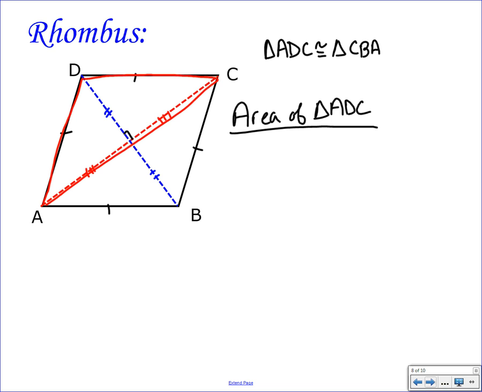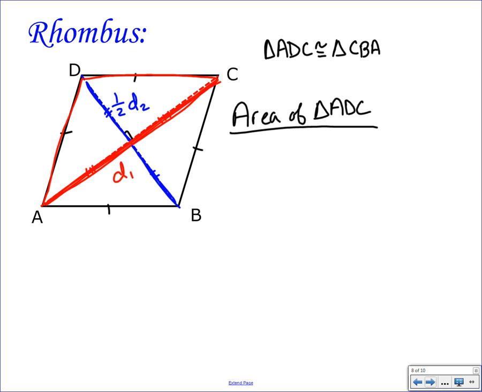Okay, so let's call this red diagonal, diagonal 1. Let's call the blue diagonal, diagonal 2. Since the diagonals of a parallelogram bisect each other, this is 1/2 of diagonal 2. And those subscripts are just a different way of naming diagonals. It doesn't mean I square it.